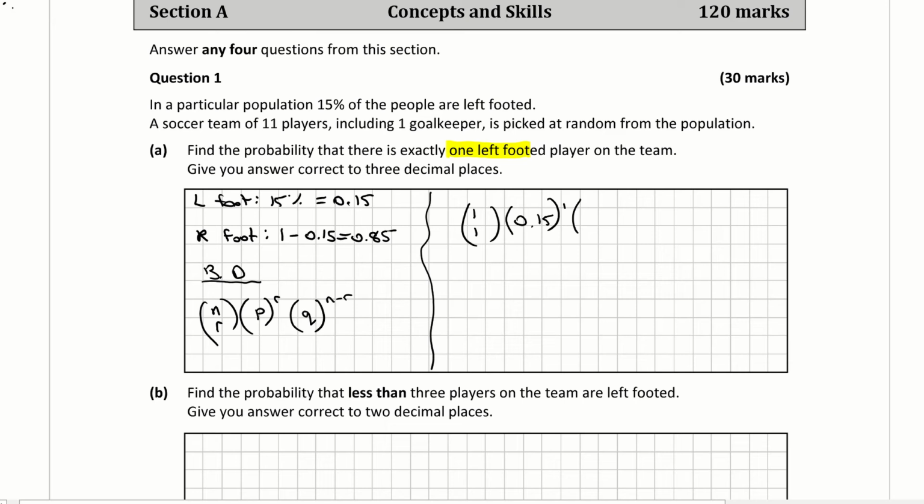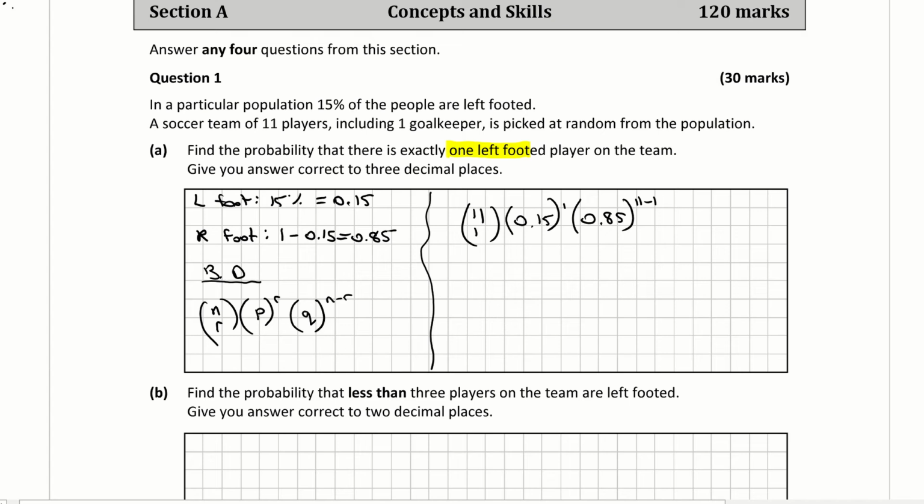And I'm multiplying that by the probability of failure, being right-footed, which is 0.85. Sorry, my n is 11: I have 11 players on the team, not 1. And I'm multiplying by 0.85 to the power of n minus r, which is 11 minus 1, so to the power of 10.